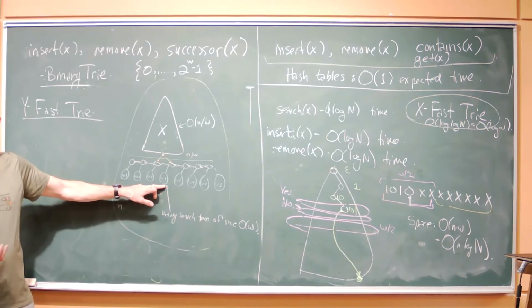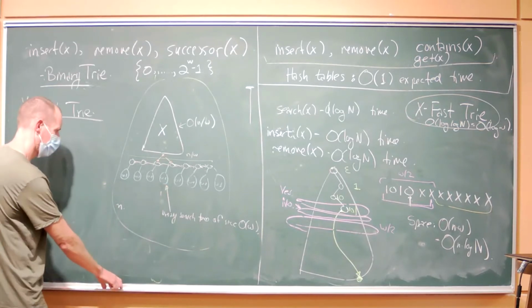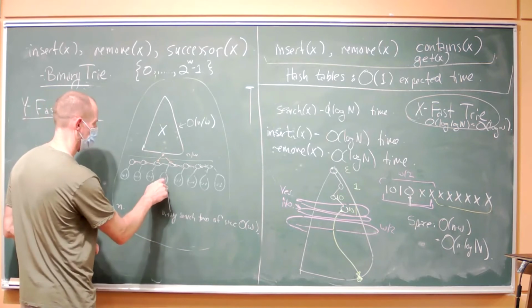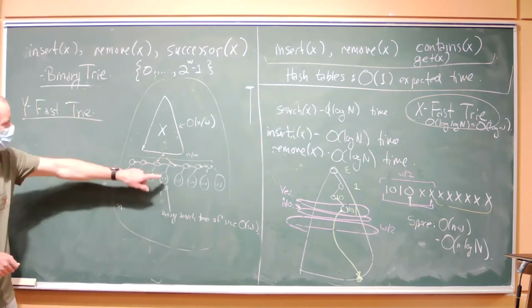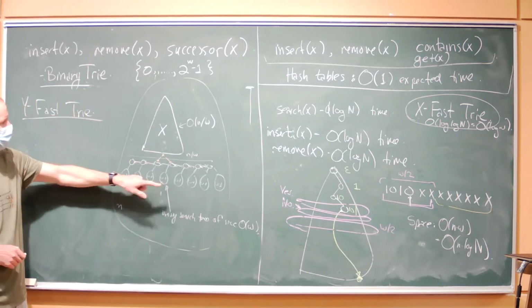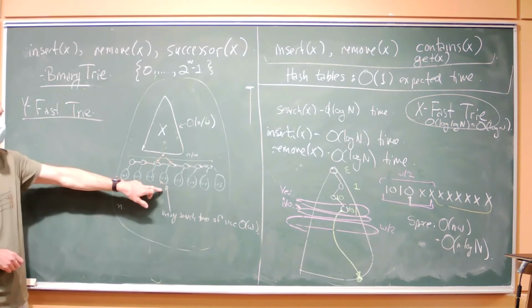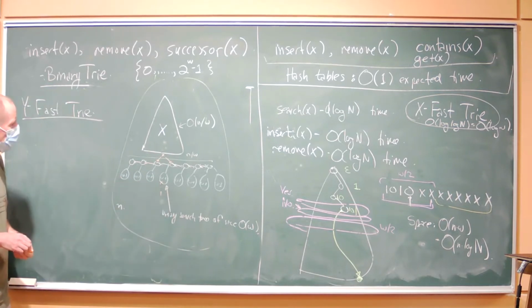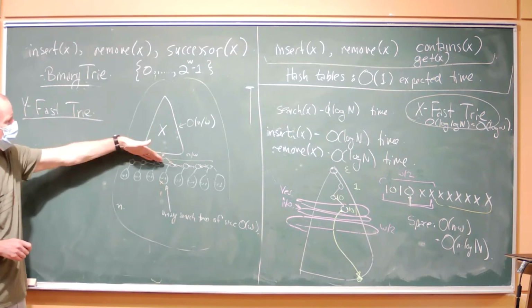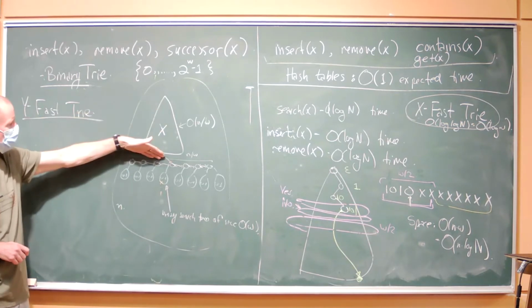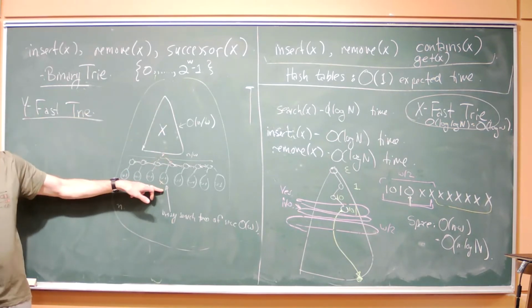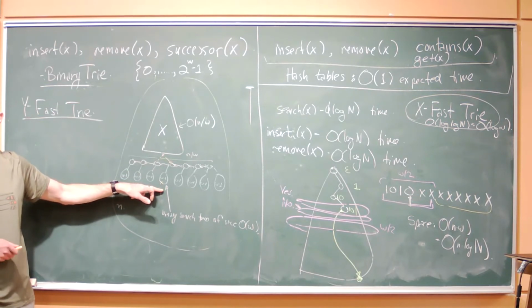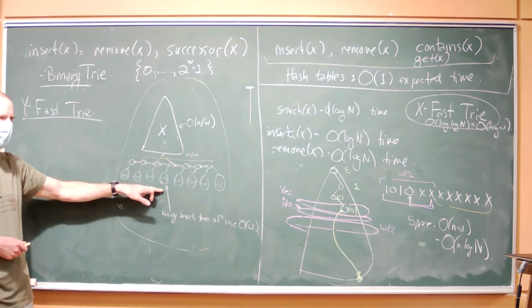And I put x in there. So insert x. Now there's one more element in this tree. It's not size w minus 1 anymore. It's of size w. So that's one search up here, that's log w time, and one insertion into a tree of size w, that's also log w time. So that's as fast as the search was.